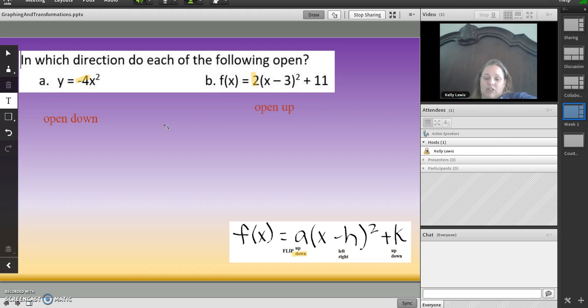So it still opens up, it's just shifted, translated, transformed to a different spot, but it still opens up.